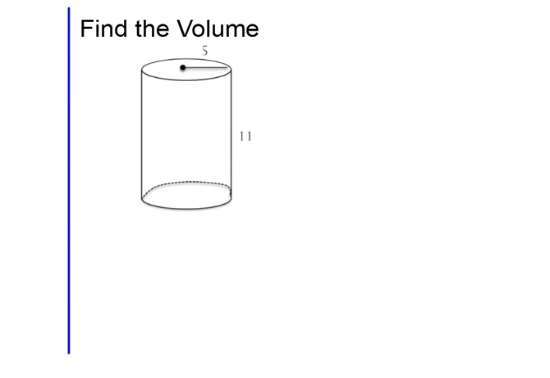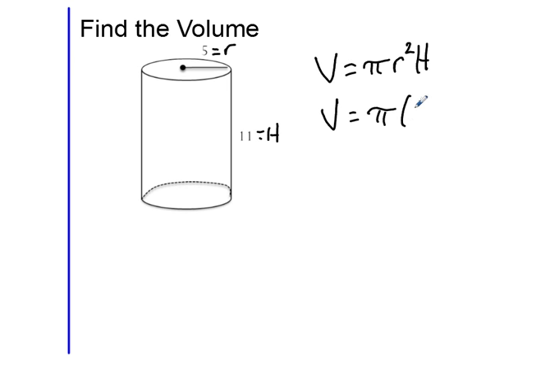So let's find the volume of this cylinder. We have a 5 for our radius and 11 for our height. The volume formula is pi r squared times height. So let's plug in these values. Pi times 5 squared times 11.